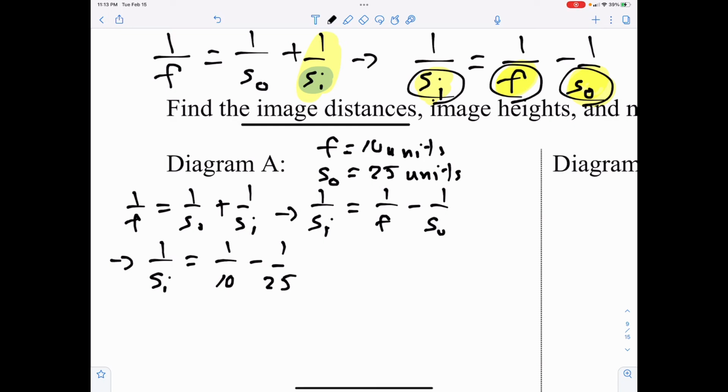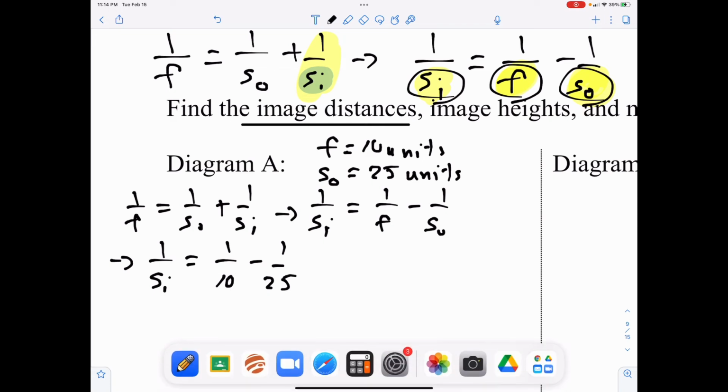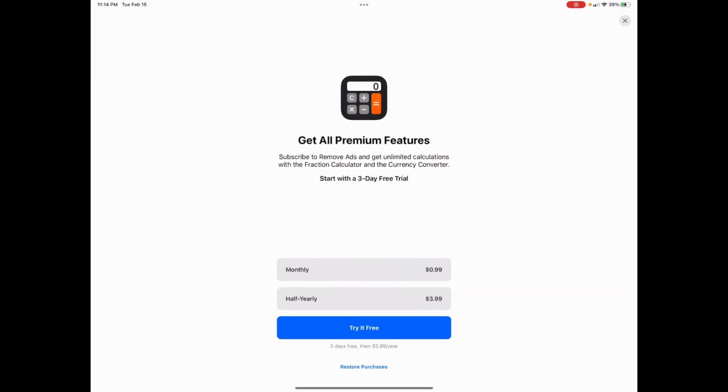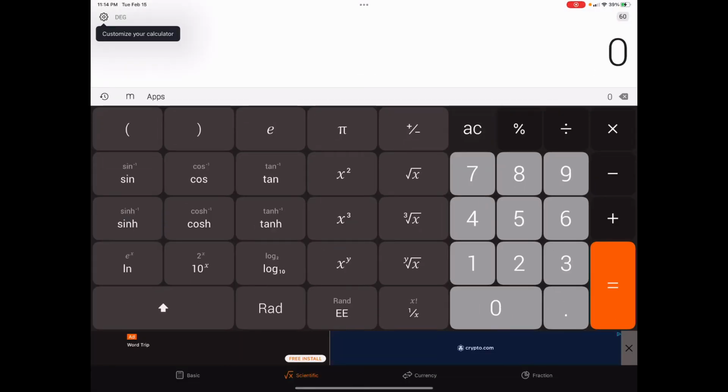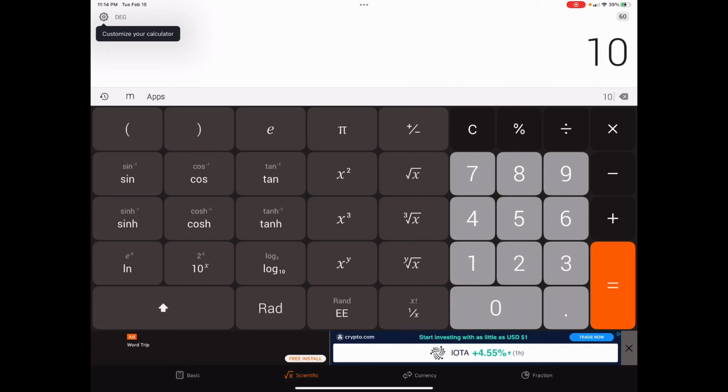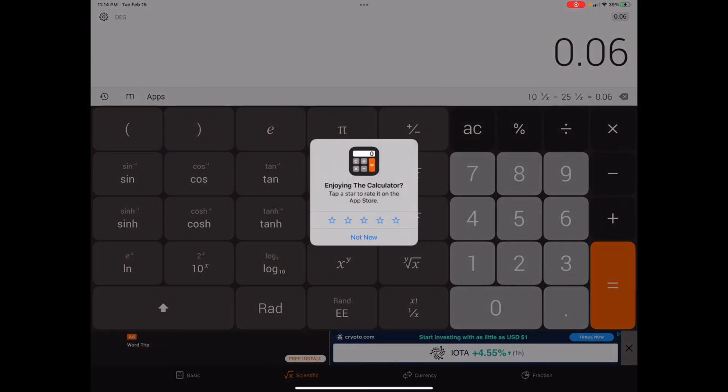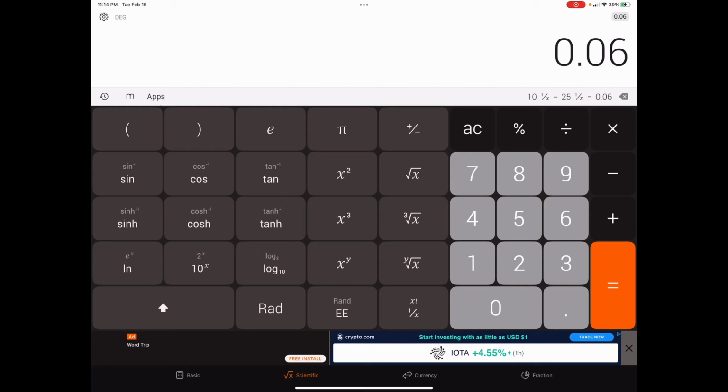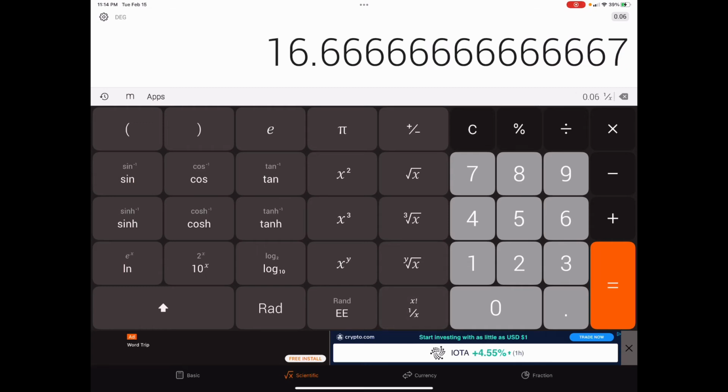So what I'm going to do is go 10 inverse minus 25 inverse, and then we have to inverse our answer.